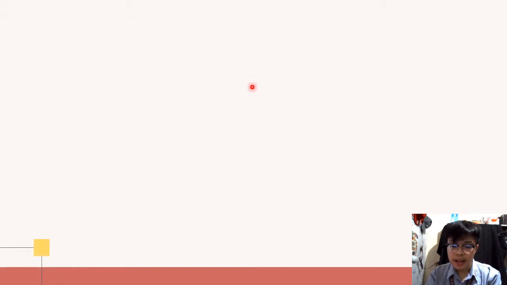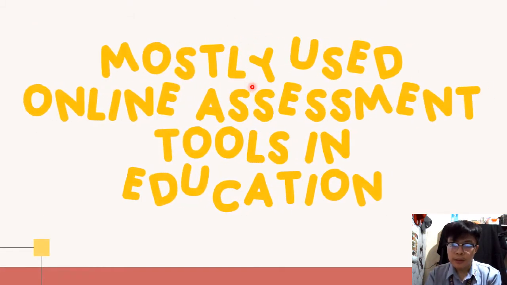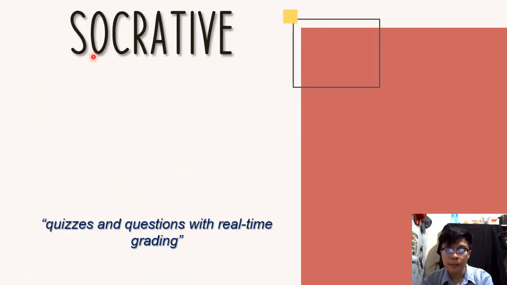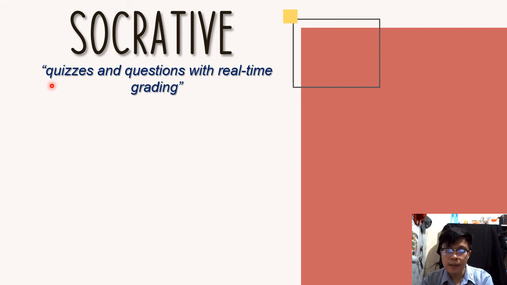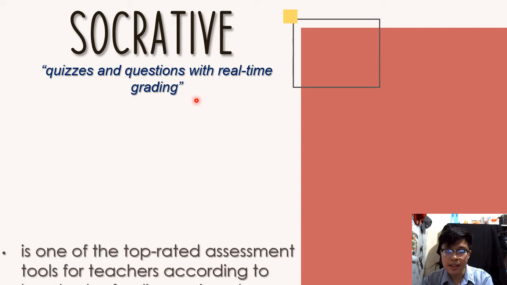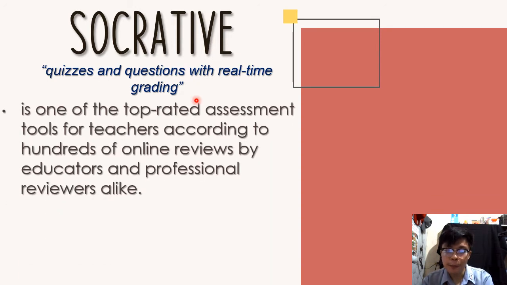So next, let's proceed with the mostly used online assessment tools in education. Alright, so the first one is Socrative. This is labeled as quizzes and questions with real-time grading. So it's one of the top-rated assessment tools for teachers according to hundreds of online reviews by educators and professional reviewers alike.